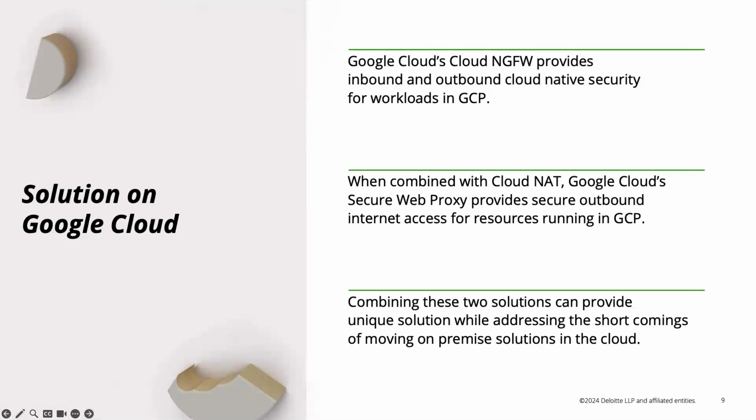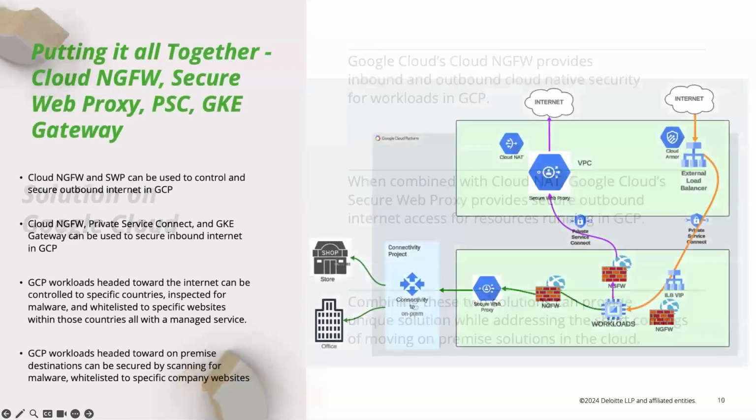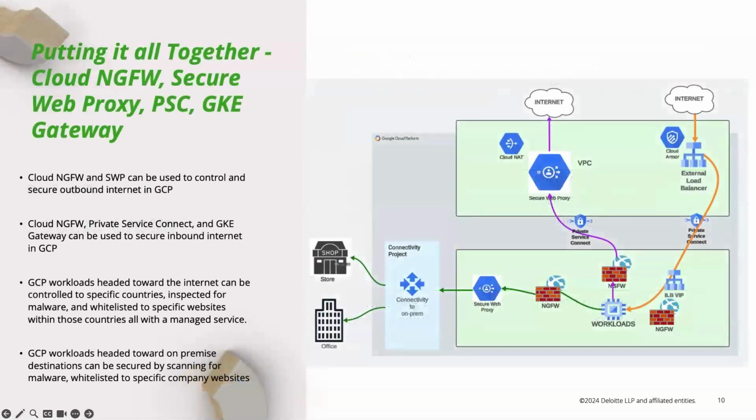But you're also getting the visibility of the secure web proxy, and you're getting the whitelist blacklist approach. So I can really hone in on where my traffic is going and secure it against malware. That's pretty important. So combining these can provide a unique solution. So let's jump in a little further at what that looks like.